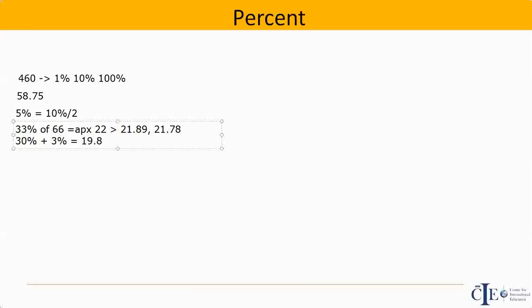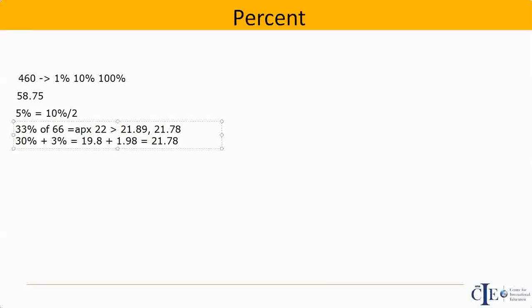Now to this 30%, I have to add 3%. What would be 3% of this? I can get 3% from 30% by simply dividing it by 10, which is going to be 1.98. So adding this gives you 21.78.